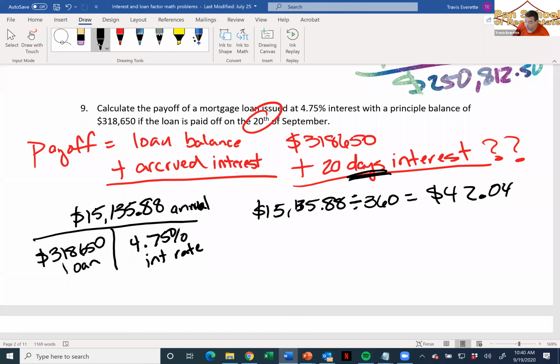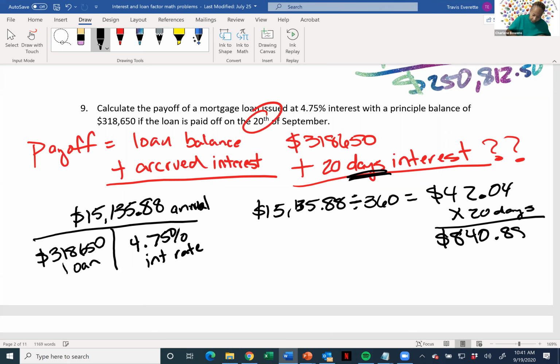And how many days do I want? 20. So times 20 days. That to me looks like $840 and about 88 cents in accrued interest, right?